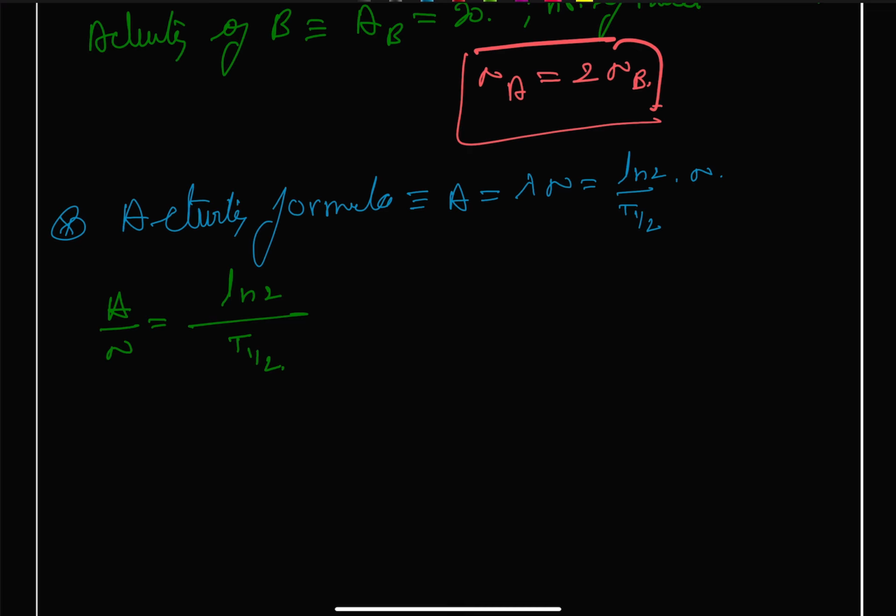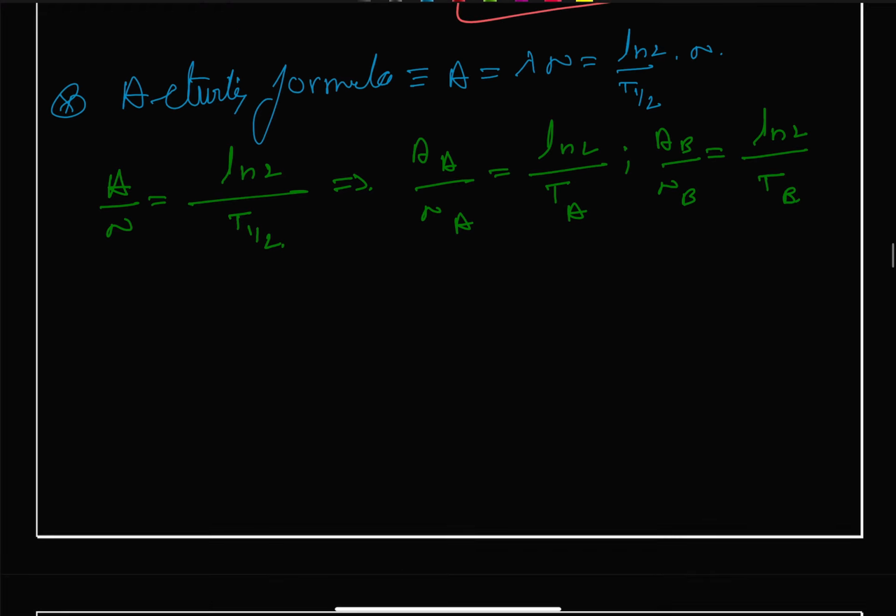So we have two substances, therefore we can write this formula as activity of A divided by number of nuclei of A is equal to natural log of 2 over half-life of A. Similarly, we can write activity of B over number of B is equal to natural log of 2 over half-life of B. We simply take their ratio.